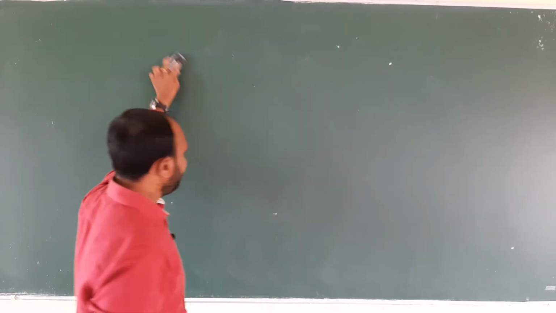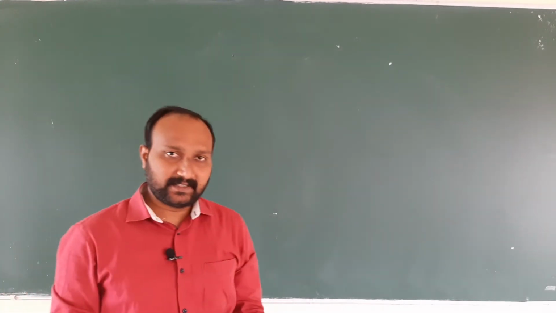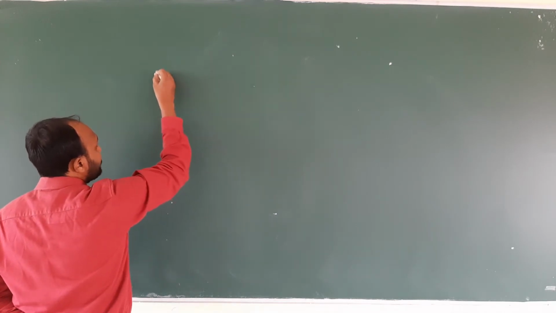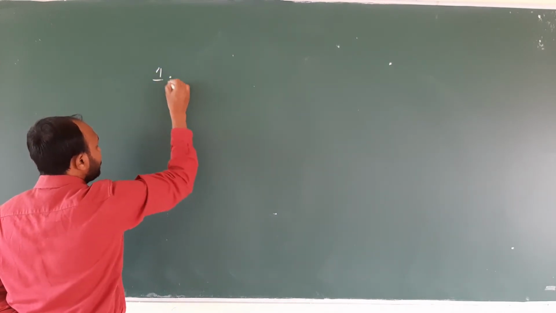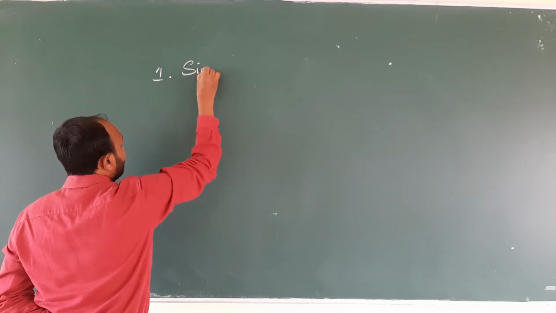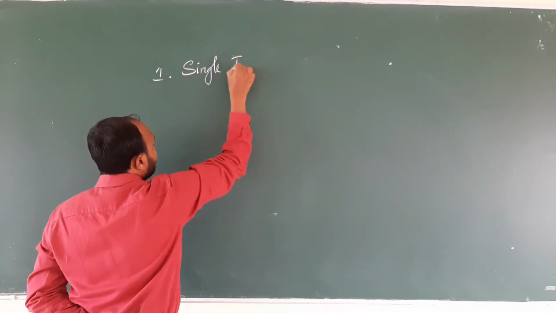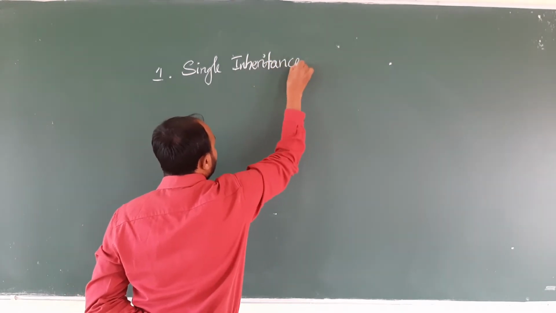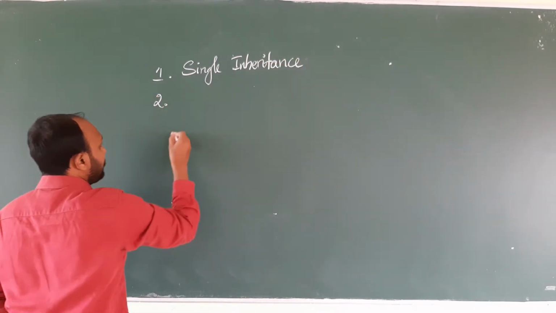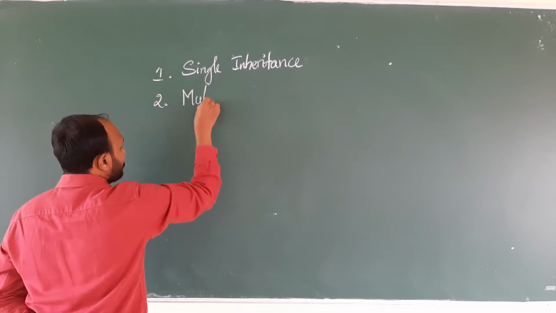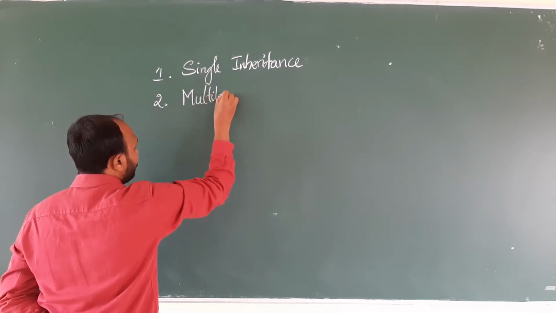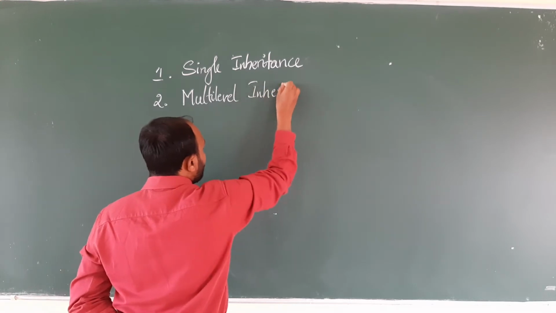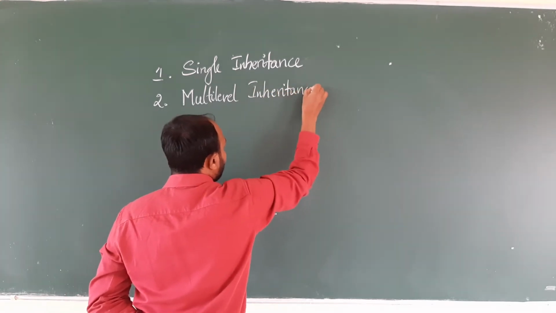Okay. So, there are different varieties or types of inheritance. Totally there are 5 different types of inheritance. The first one is referred to by the name single inheritance. Second is referred to by the name multi-level inheritance.